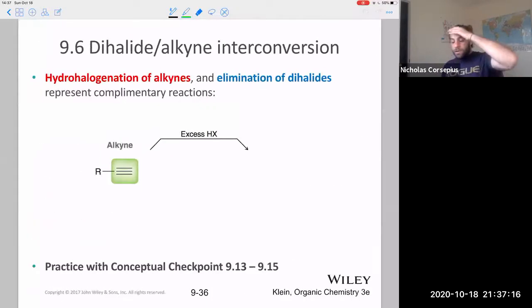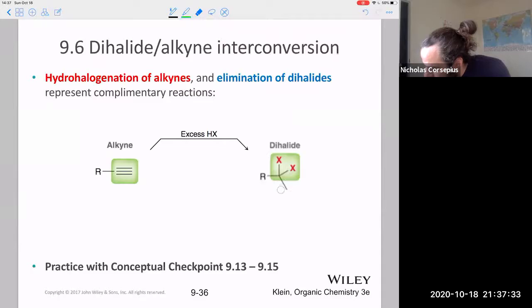Now again, going back to the situation with, for example, hydrobromic acid, but now talking about an excess of hydrobromic acid, we said that this will form that dihalide, but most importantly, this is the geminal dihalide, where both of those halogens are added to the same carbon. So let's see if we can reason why that is.